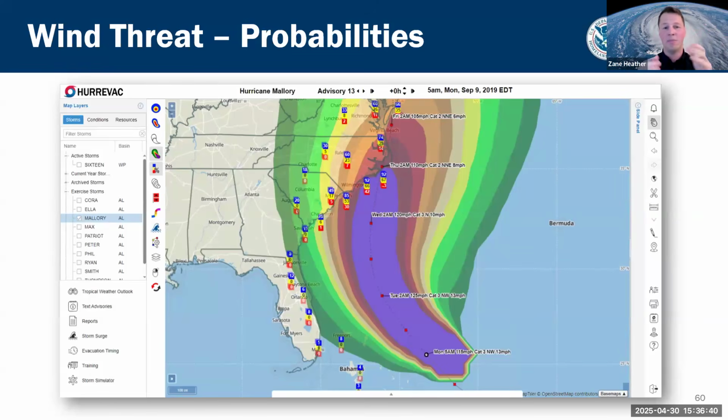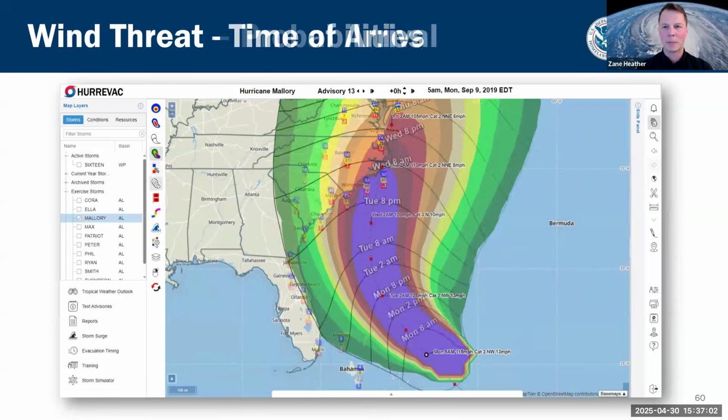Depending on your use case, both products are very informative. If your jurisdiction is smaller, think of a locality, municipality, or county, those location-based wind speed probabilities are extremely useful and potentially more useful than the graphical wind speed probabilities that give you a swath over a specific range.